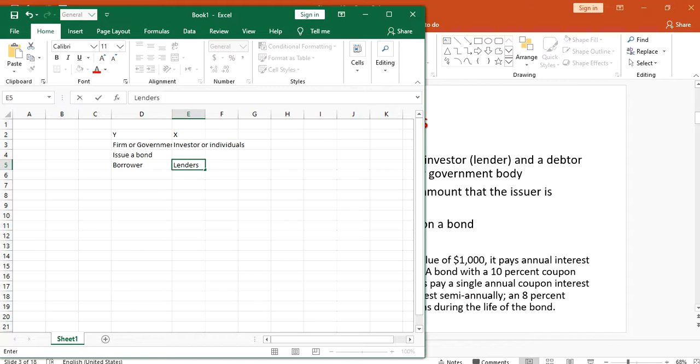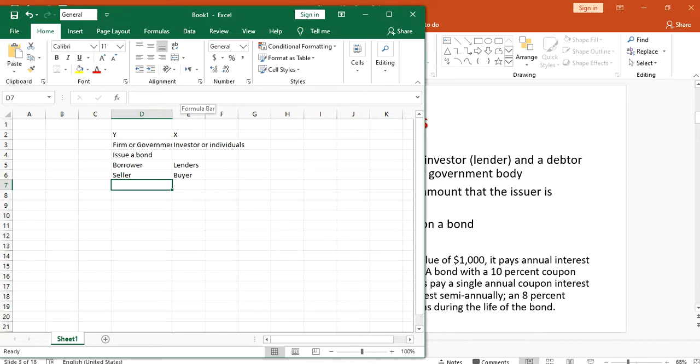The bond issuer is the borrower, and the one who buys the bond is the lender. Seller, buyer. Sorry, the borrower is the seller and the lender is the buyer.